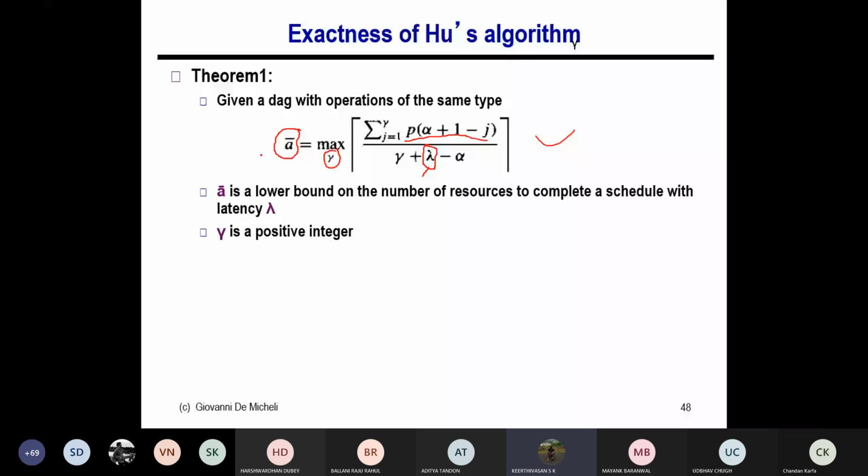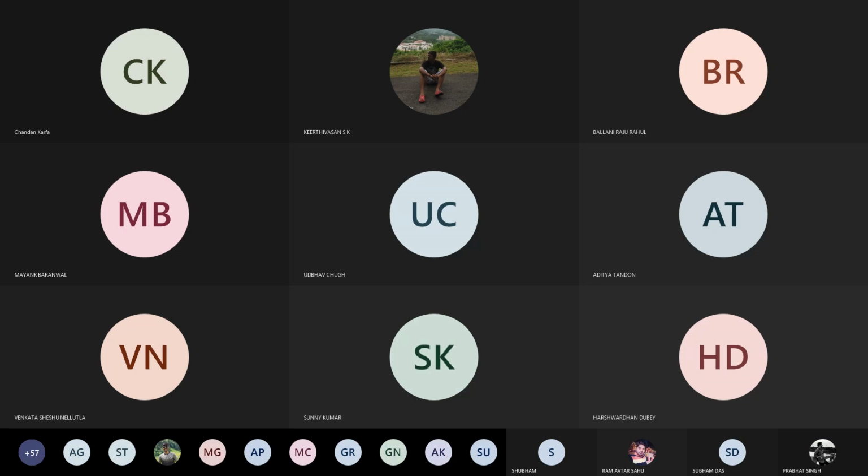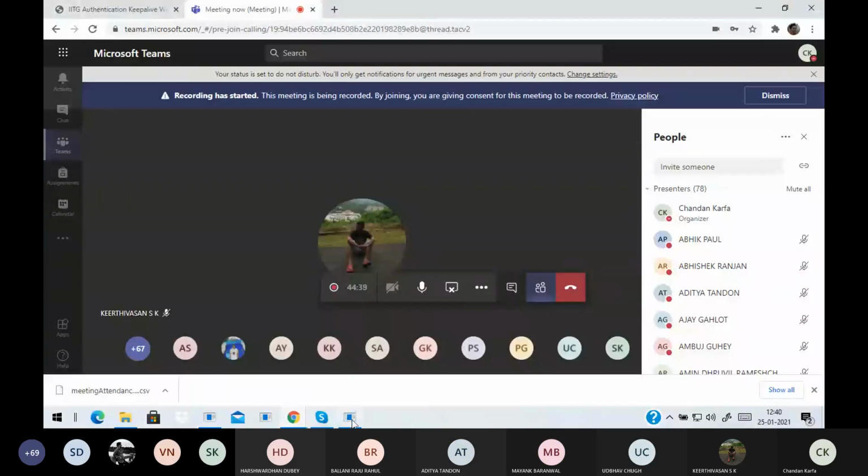It didn't change for me. I'll do that. Is my screen visible?